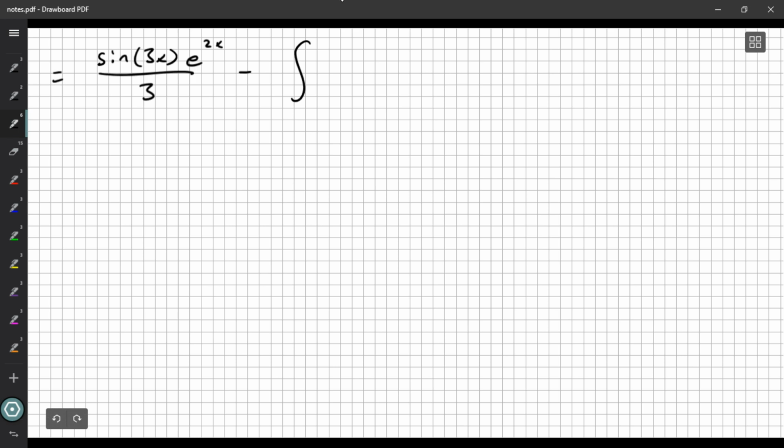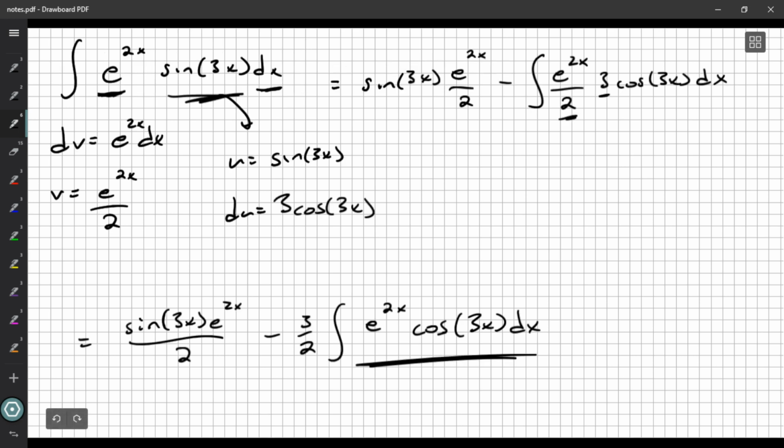I'll just copy it back over so I've got it all on a fresh sheet. But if I'm going to use integration by parts again, what should I choose? Well, what we don't want to do is undo our first integration by parts. It's a big mistake a lot of people make.